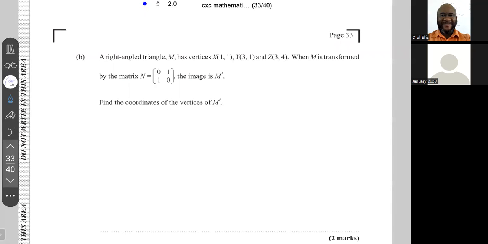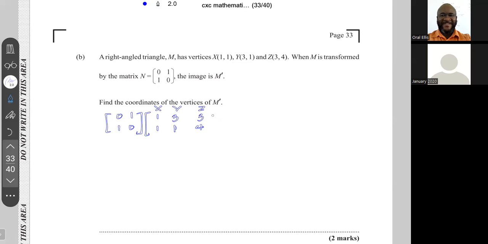Now, whenever you are applying a transformation given as a matrix to points, you must multiply the transformation by the points. So let's multiply the points by N. So we're going to get N, which is 0, 1, 1, 0, multiplied by the points. The points are x, which is 1, 1, y, which is 3, 1, and z, which is 3, 4.